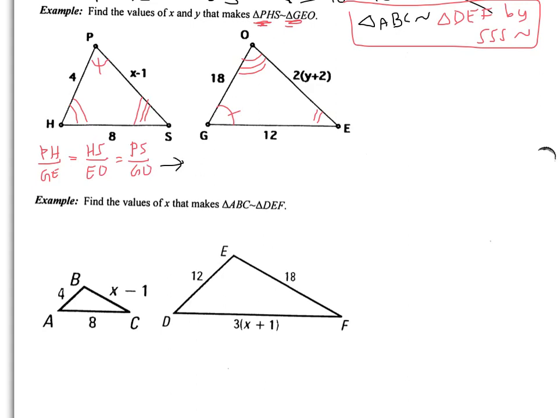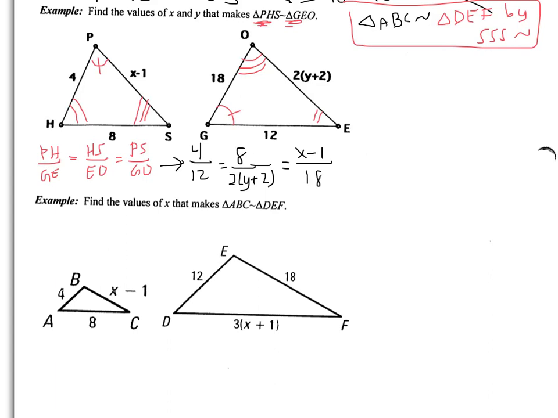And now let's fill it in with what we know. PH is 4, GE is 12, HS is 8, EO is 2 multiplied by y plus 2, PS is x minus 1, and then GO is 18.